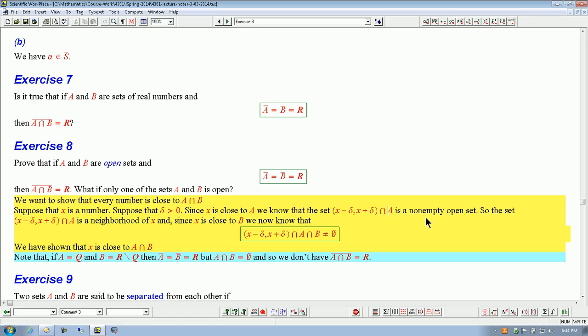I've used the fact that A is open, have I? Now, because this set is a neighborhood of X, is it not? Because this set is a neighborhood of X, it has to intersect with B. Do you understand?